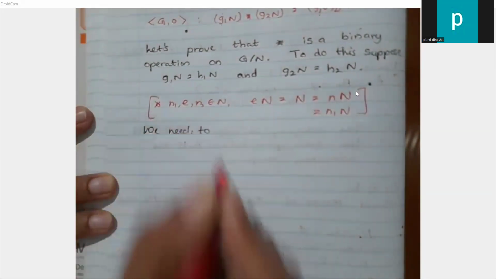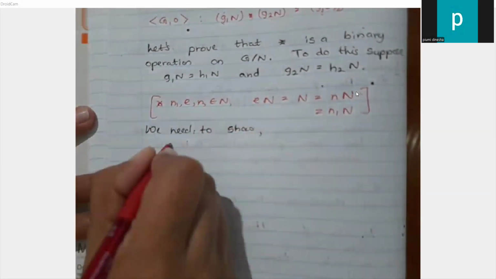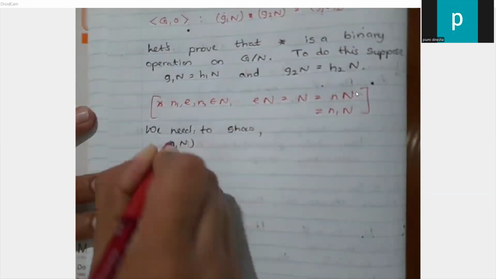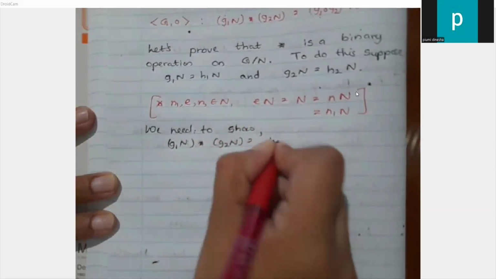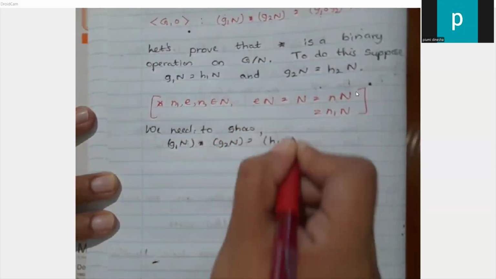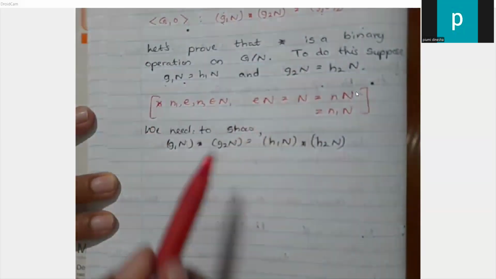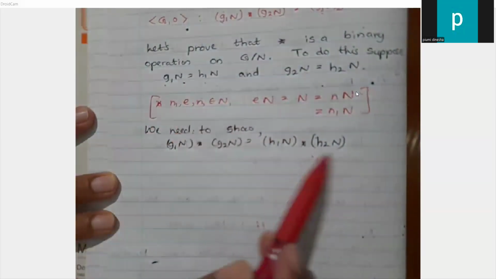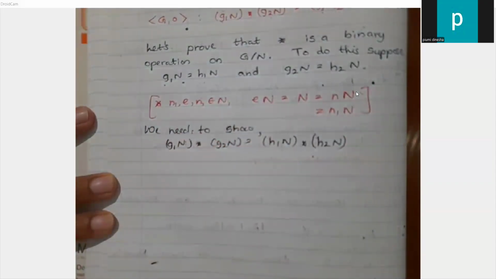We need to show g1N star g2N is equal to h1N star h2N. When you take g1N star g2N, it should be the same as h1N star h2N, because once again, g1N and h1N are the same coset taken by different representatives, right?